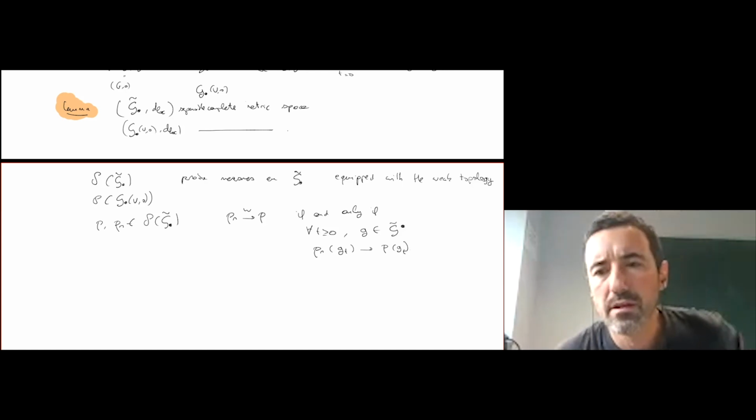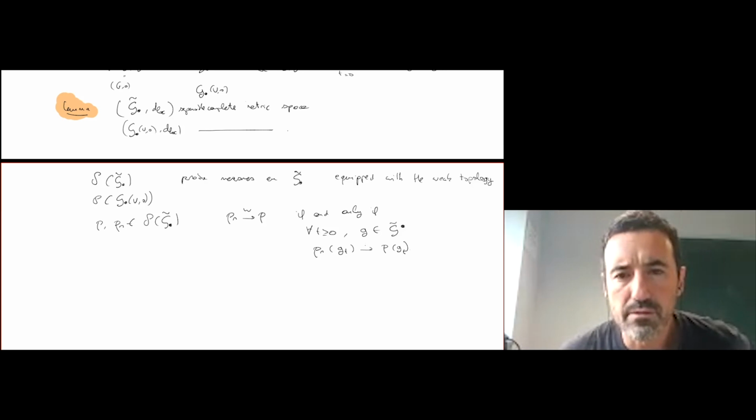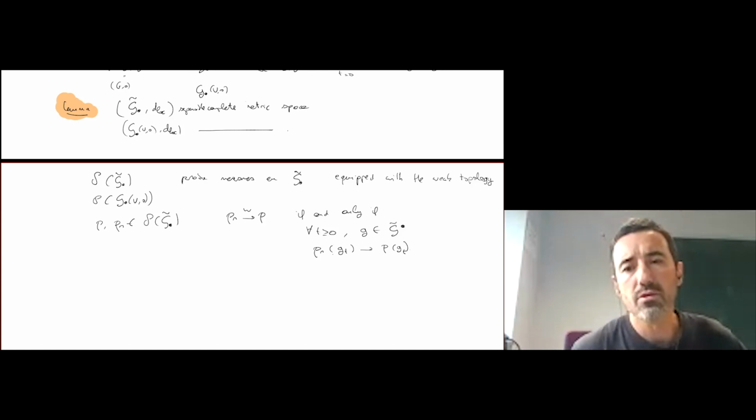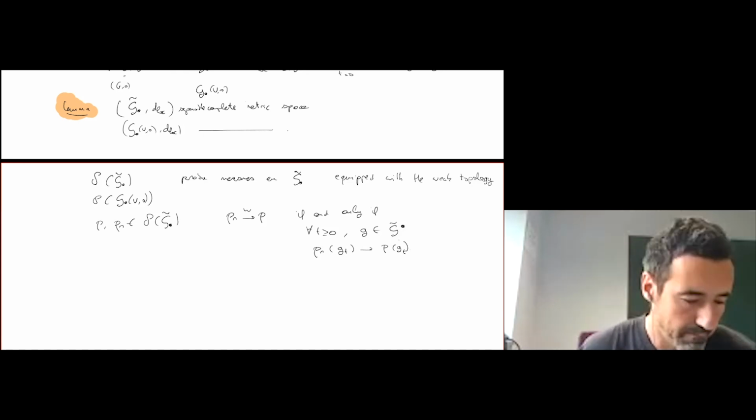So to check weak convergence, it's enough, since we are in a discrete setting, to check that the law of the mass that you put on t-neighborhoods converges.